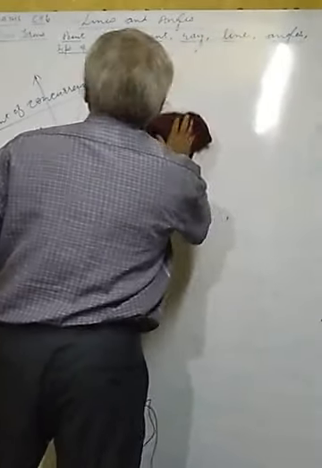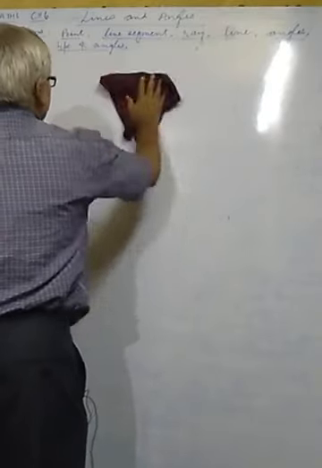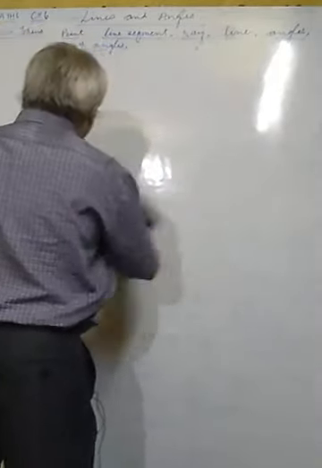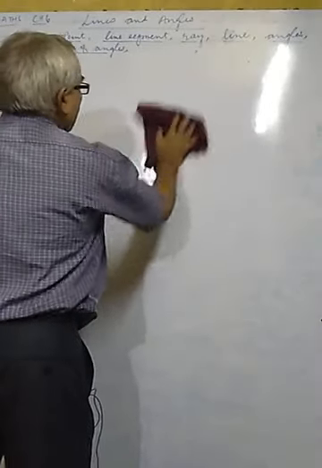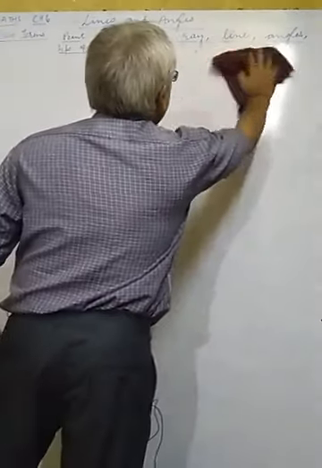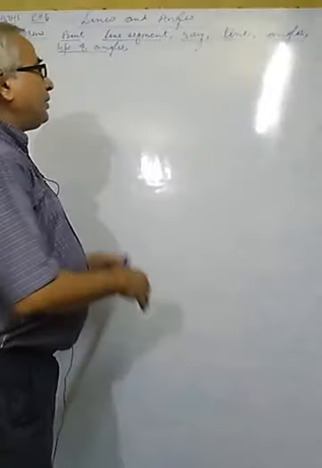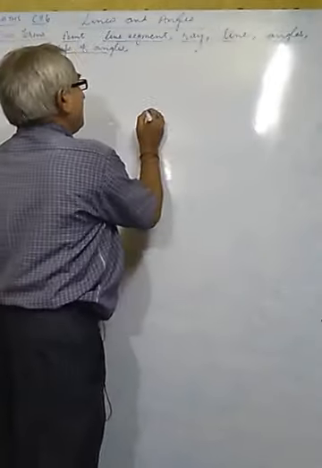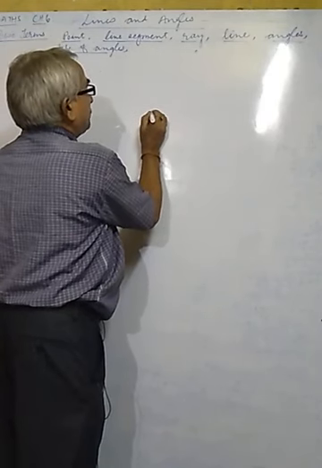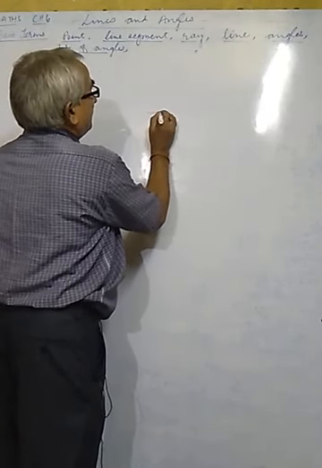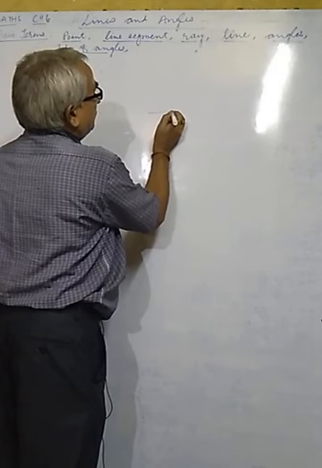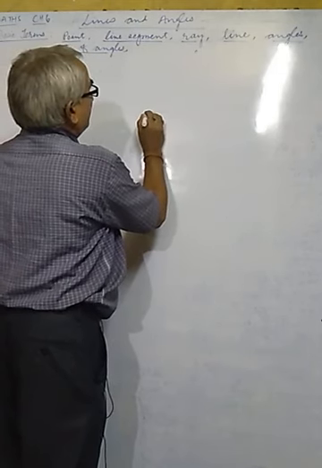Now let us discuss, after point, the collection of points. Suppose some points are there, a collection of points, or the path of some limited points. Suppose there is a path of some limited points: 1, 2, 3, 4, 5, 6, 7, 8, 9, 10, 11, 12, 13, 14, like that.